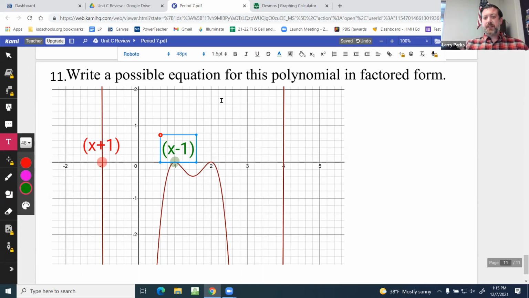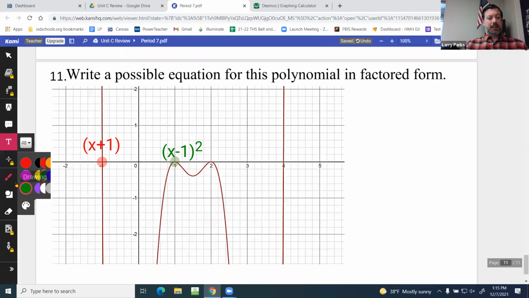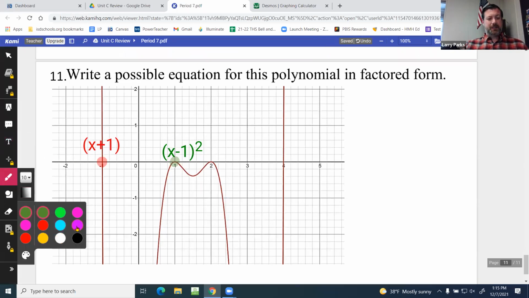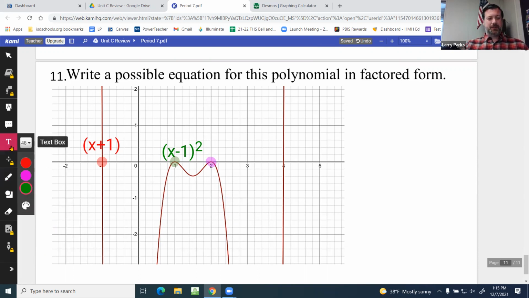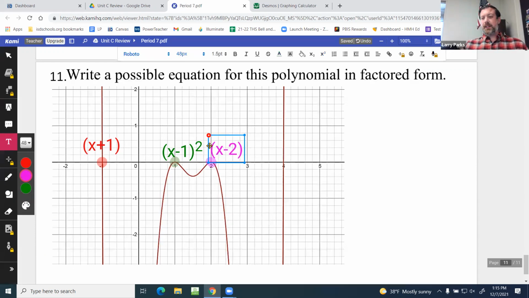And it's a bounce, so we do to the second power. And then we have 2, but it'd be x minus 2. And it's a bounce as well, so it'd be to the second power.